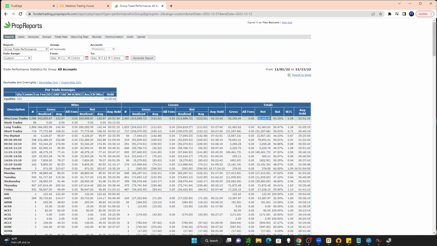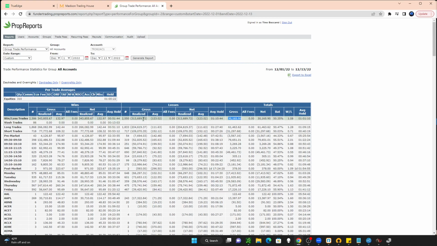Like I mentioned, most of our money's being made in the first 20 minutes, so at least a third of this makes sense. I'll go over how I know that most of the money's being made in the morning in just a second. This is our net gain, and this is the gross gain, which will be the same in this case because you don't have any fees.